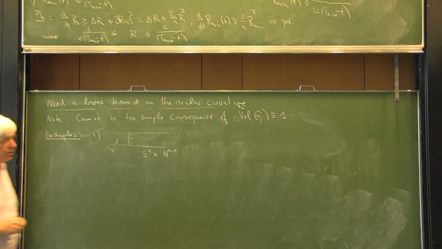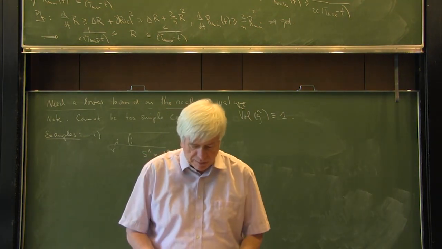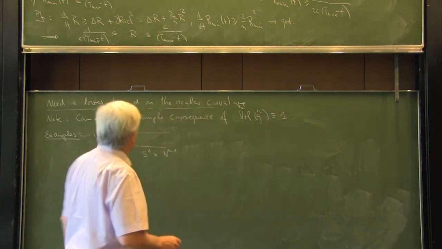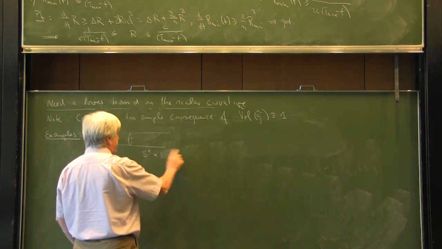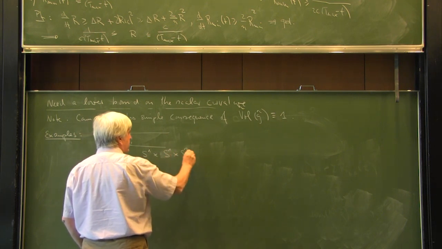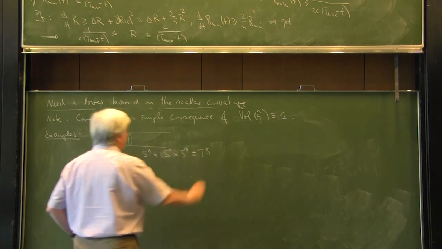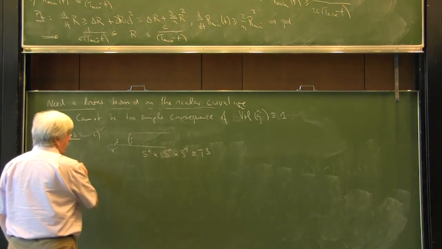Then you notice that in this case you have a metric. So, for example, if this here is a torus, let's take S1 cross S1, T3, and suppose this radius is very small.